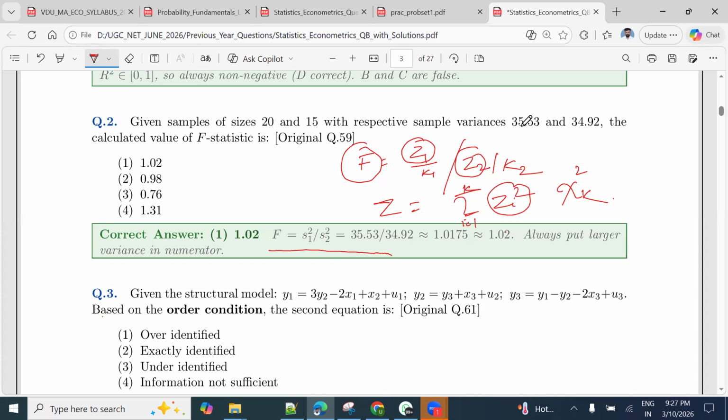So we write F with K1 and K2. The subscript K1 indicates the degrees of freedom associated with the standardized normal variables, K1 being the numerator degrees of freedom and K2 the denominator degrees of freedom.